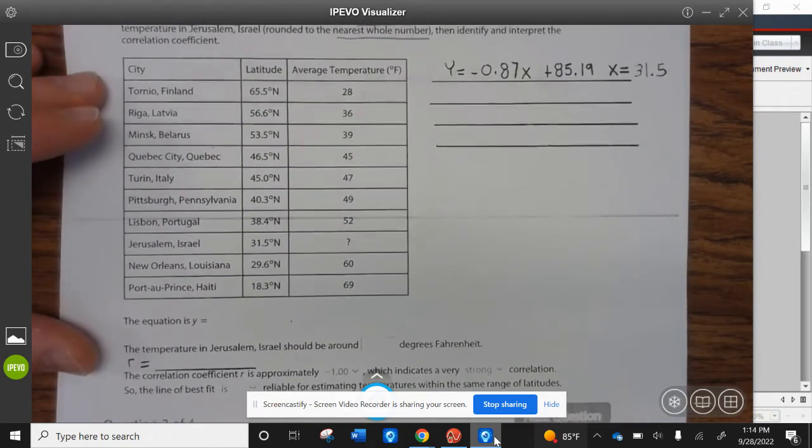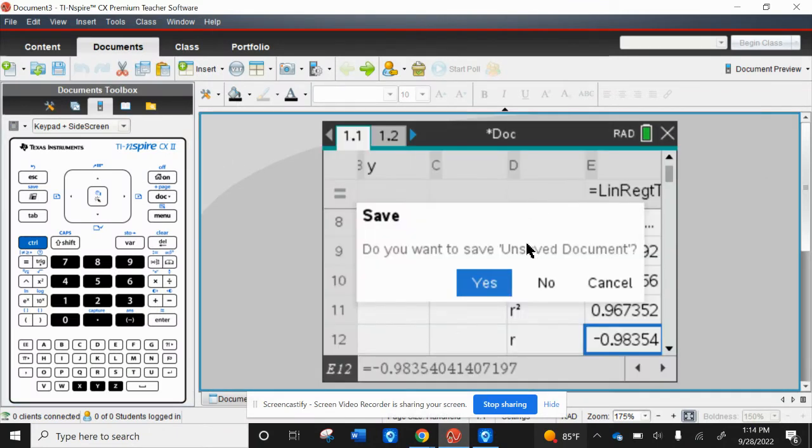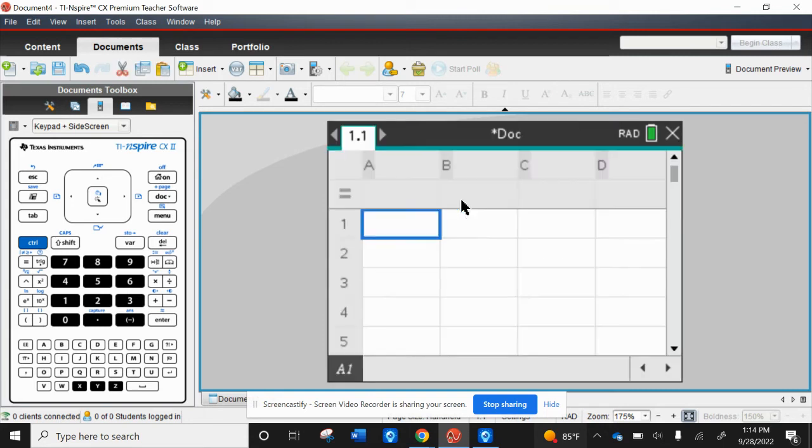All right, so to find the equation, we're going to use our calculator. So again, we're going to go to On, New Document, No, Add Lists and Spreadsheets, X and Y. All right, and then we're going to plug the values in.